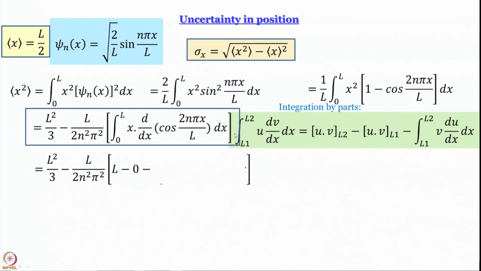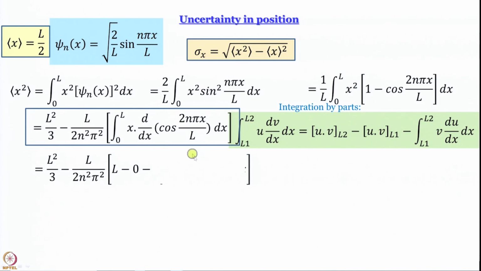Go to the next step, again this time what will happen is v is equal to a cos term, right, and cos 2n pi x by L at x equal to L is actually equal to 1.